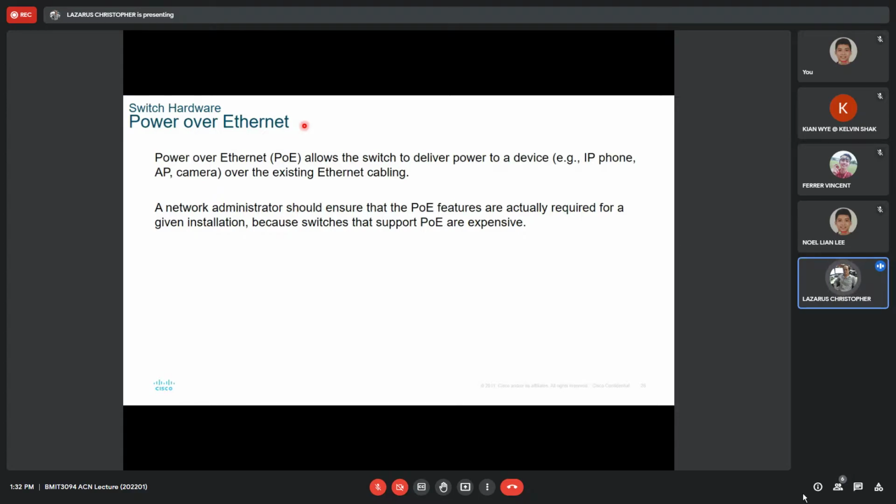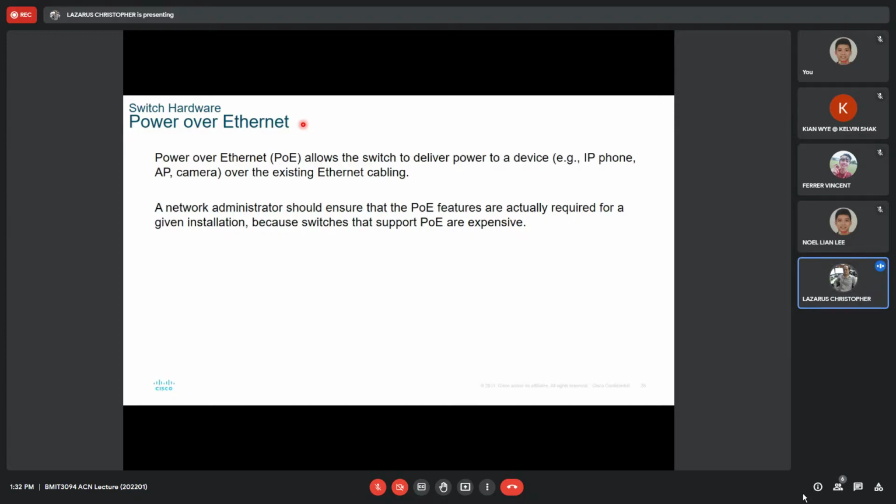Another thing that you might consider is power over Ethernet, right? Some of the switches may be placed in a place where there's no power supply, right? So without power supply, you cannot put a switch there. But if you still need to, instead of rewiring your electrical power cabling, you can purchase a switch that gets its power over the Ethernet.